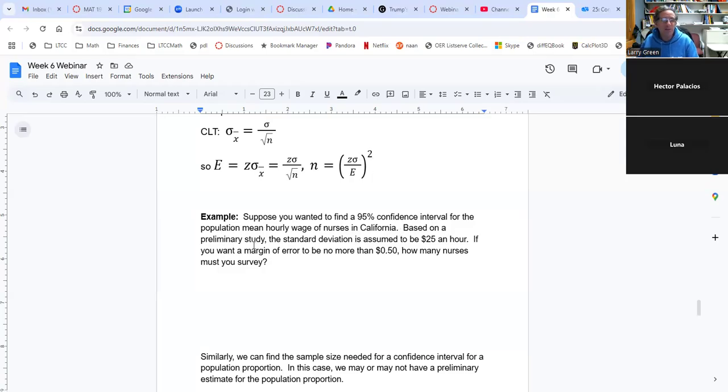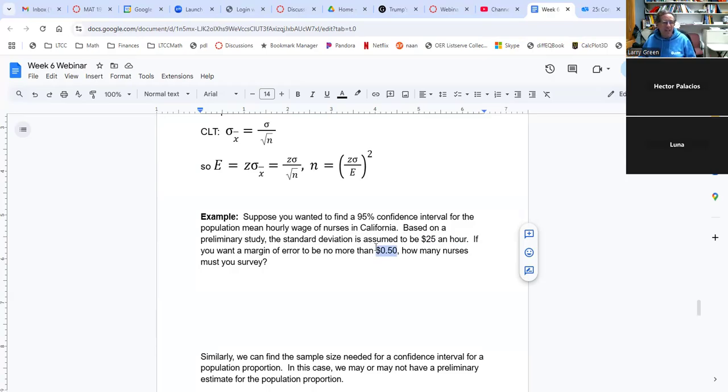So based on a preliminary study, let's suppose you asked 25 nurses or so, and their standard deviation was $25 an hour. If you want a margin of error of no more than 50 cents, usually when you're looking for a job, you're not going to care that much whether you make $75 an hour or $75.50 an hour.